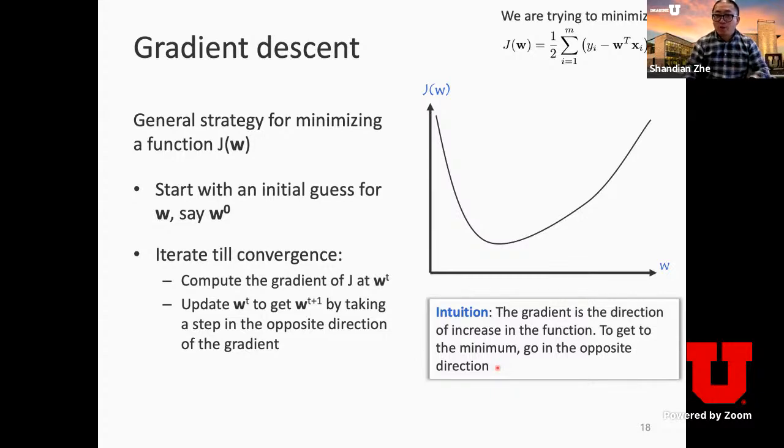Let's see a concrete example. Suppose this is our objective function, and this is our W0. Now we calculate the gradient, and we know that the gradient is the slope of the target function curve at this input W0. So now I want to ask which direction is the gradient direction.